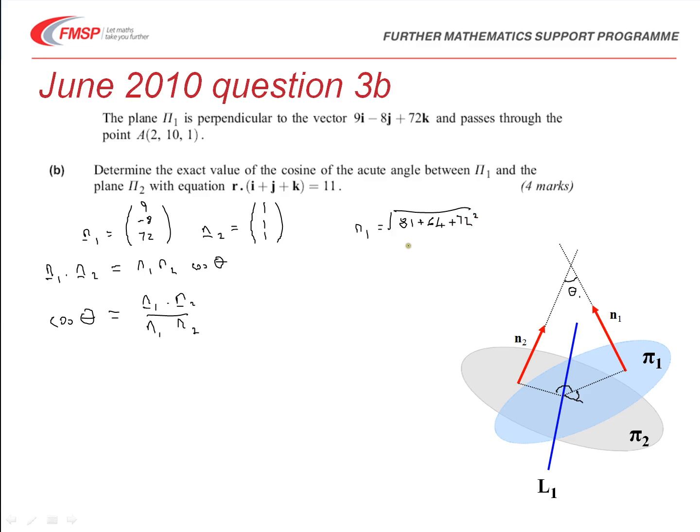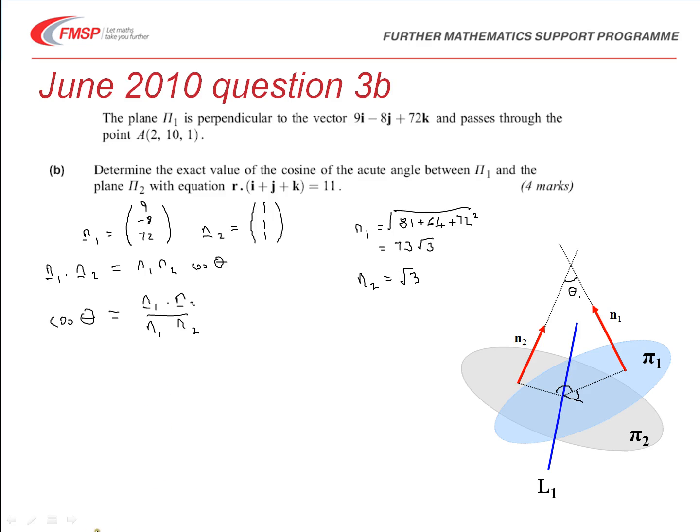So that is actually equal to the square root of 15,987, which actually is equal to 73 multiplied by root 3. You can take out a square factor there of 73 squared. Okay, which is quite handy. Similarly then for n2, that's the easy one, it's just going to become the square root of 1 squared plus 1 squared plus 1 squared, which will just be root 3. So that's quite handy.